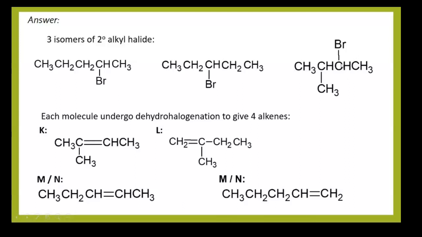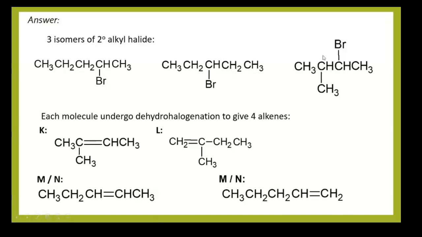But you need to remember this Br is attached to the secondary carbon, so a shift can occur. When we eliminate Br, a shift can occur to this carbon because it will produce a tertiary carbocation, which is more stable. Because of that, they can produce a double bond with the first carbon here or with the third carbon here.